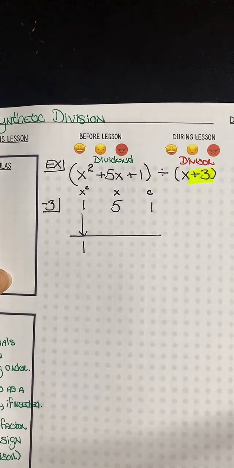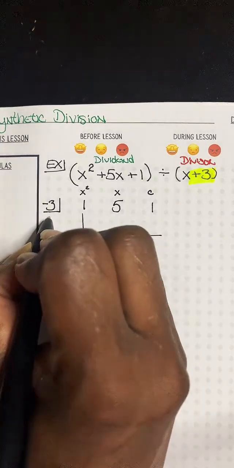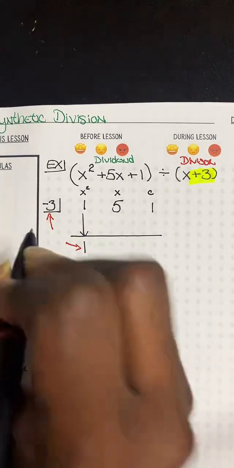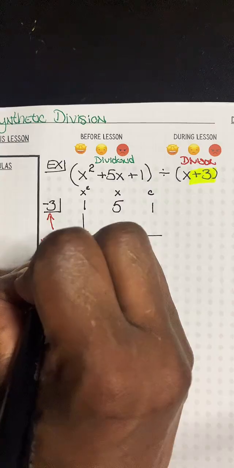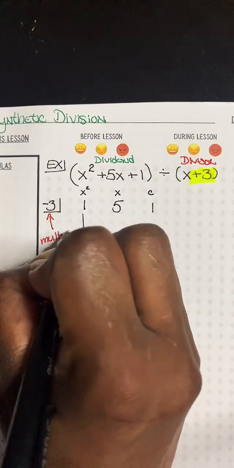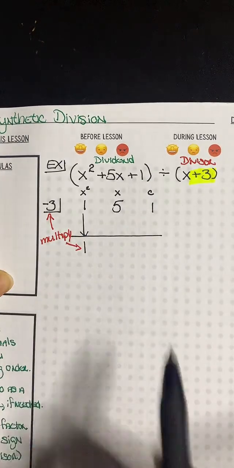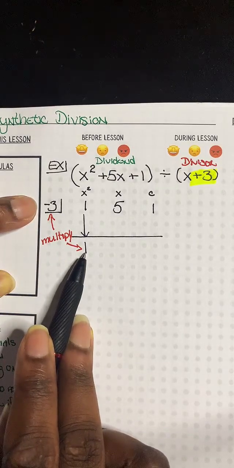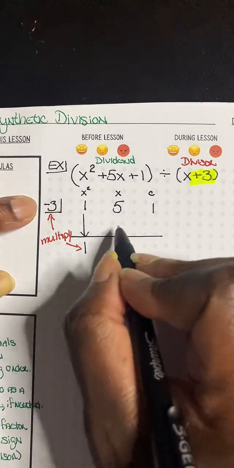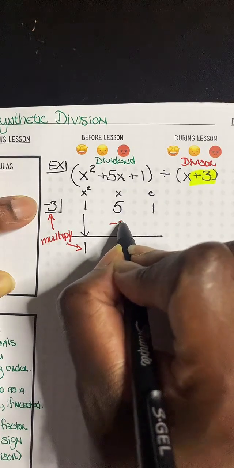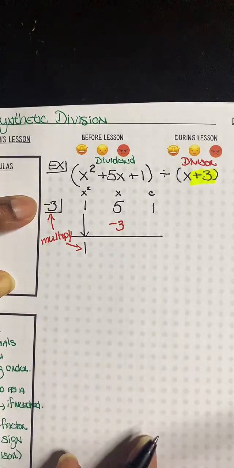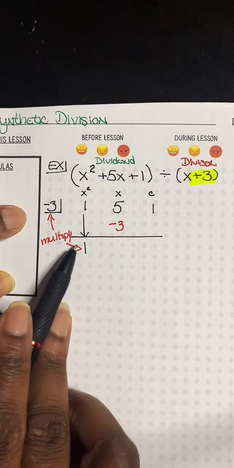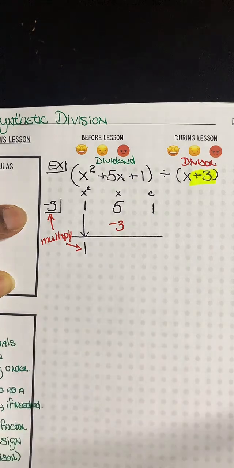So now, what we're going to do is take our divisor and this coefficient, and multiply. So negative 3 times 1 gives me a negative 3. You're going to put that answer underneath the next term.